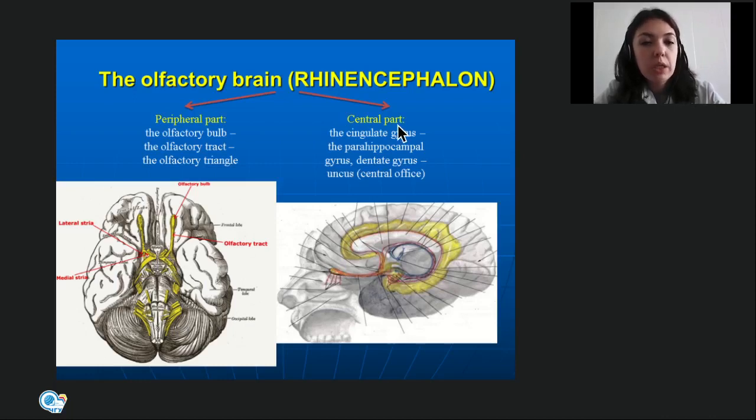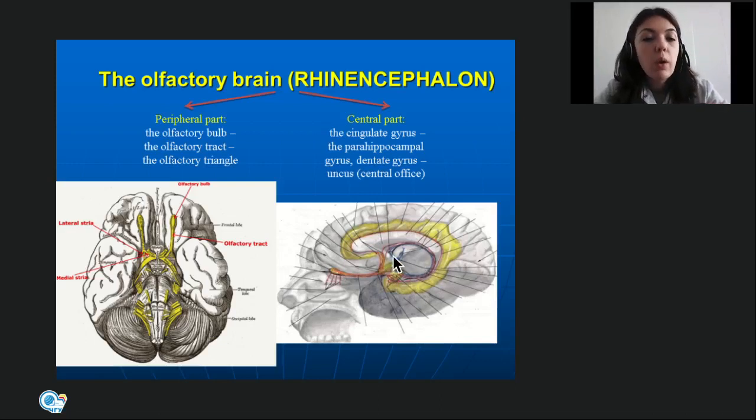The central part is presented by the cingulate gyrus that continues to the parahippocampal gyrus, dentate gyrus, and uncus. All of these four gyri form the fornicate gyrus that surrounds the fornix and corpus callosum.